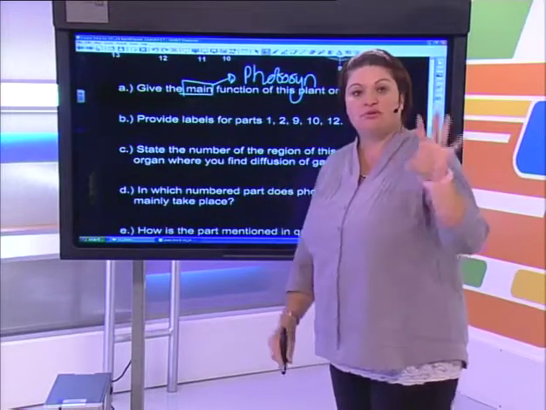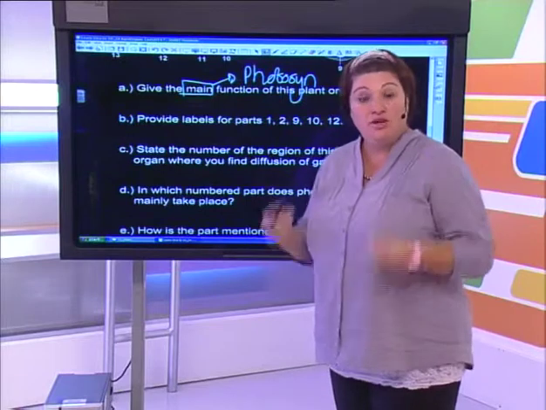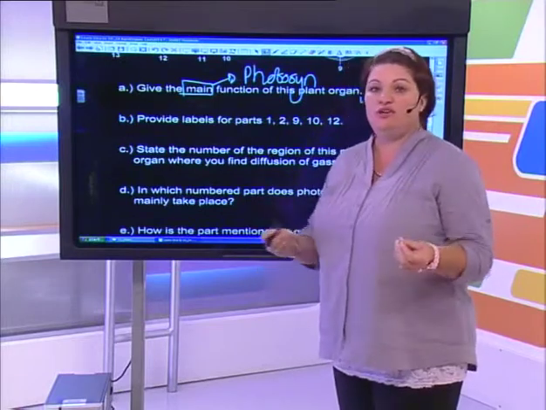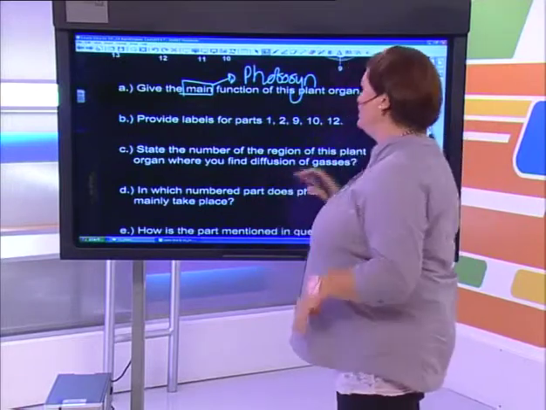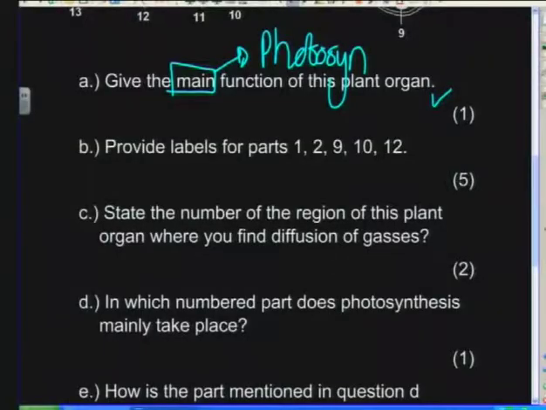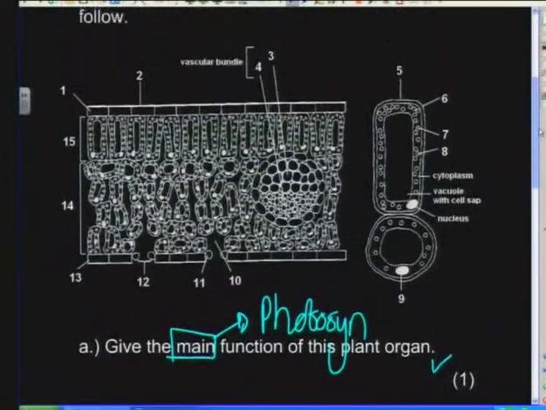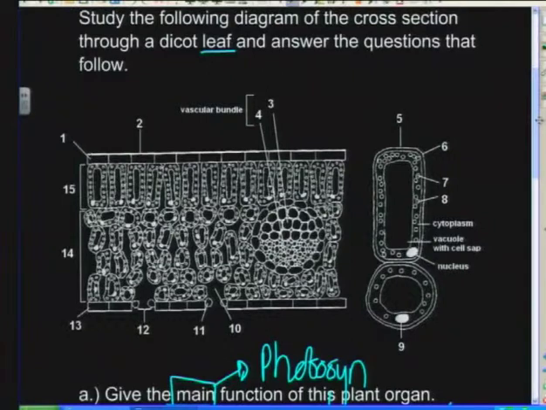Provide labels for part numbers. Now you've learnt it, I know you have, and it's nice and easy. We go and we look. We want 1, 2, 9, 10, 12. So I look at number 1, and now be very careful here. Don't tell me epidermis. I want to know that it is the upper epidermis.